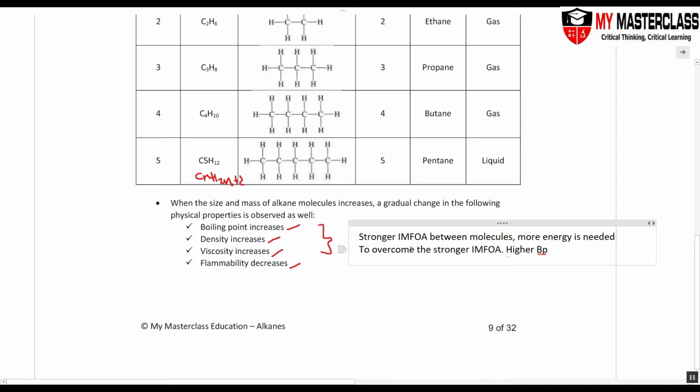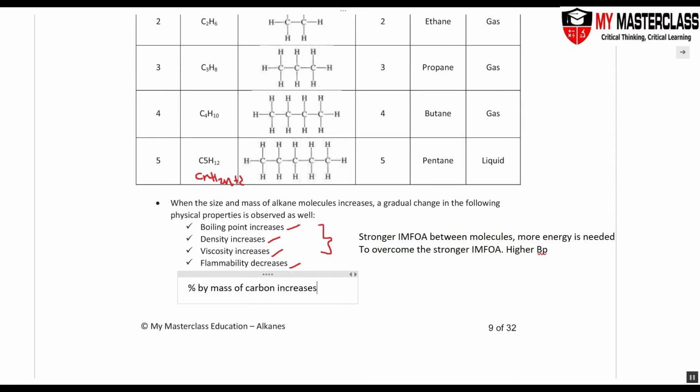If you're still not sure about this explanation, please look at the previous video. And then for flammability, the percentage by mass of carbon increases. Count your percentage by mass of carbon in the compound, and then you will see that it increases.